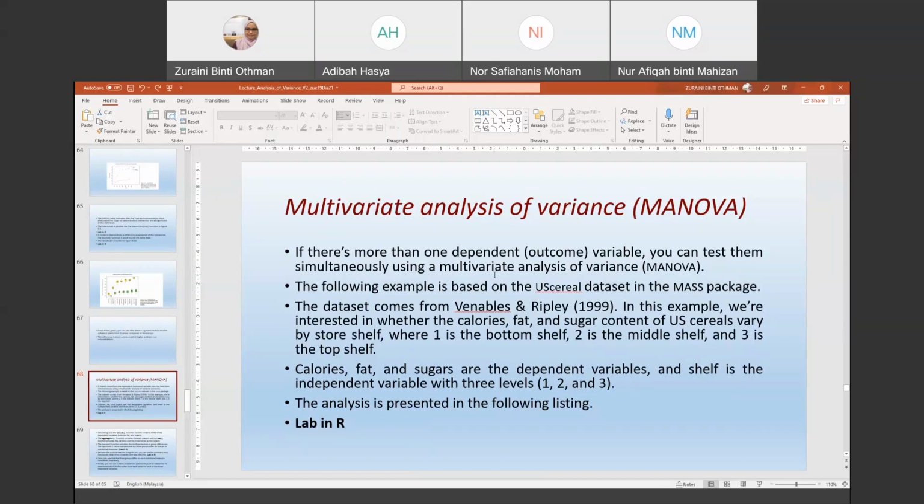Okay, the following example is based on the US cereal data set in the MASS package. Okay, the data set comes from Venables and Ripley 1999. In this example, we are interested in whether the calories, fat, and sugar content of US cereal differ. Okay, here the US cereal is already arranged by store shelf, you know.